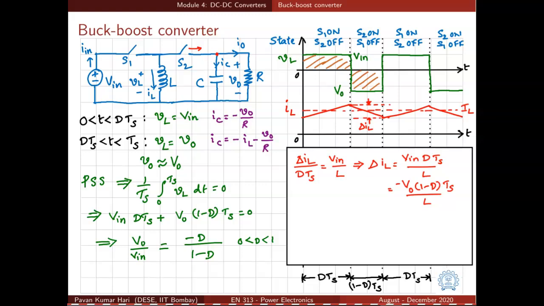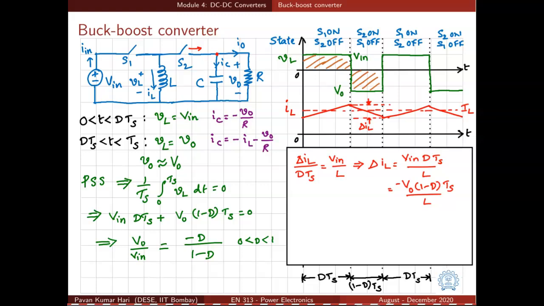So the inductor current will rise when the voltage across the inductor is positive. In the first interval dTs, VL is equal to V in. So the voltage across the inductor is constant and the current will rise starting from some initial condition. And the rise will be linear. And again it will fall in the second interval. It will fall to the same point because we are in periodic steady state.